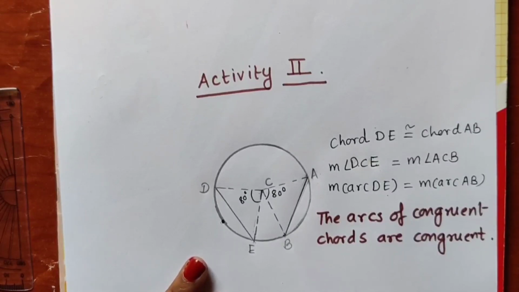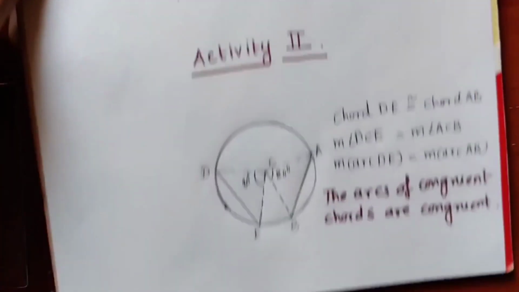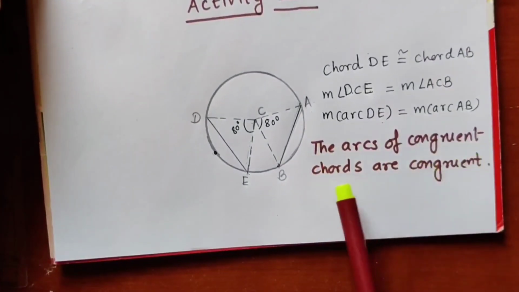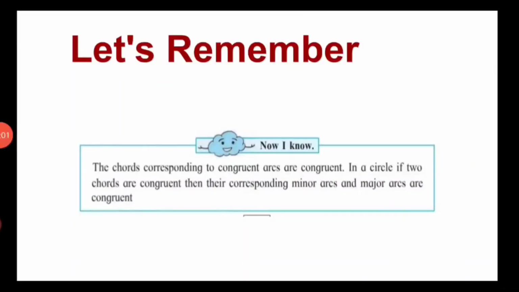In the first activity we have seen the chords of congruent arcs are congruent, and in the second activity we have seen the arcs of congruent chords are congruent. So from these activities what we have learned is that the chords corresponding to congruent arcs are congruent. In a circle, if two chords are congruent, then their corresponding minor arcs and major arcs are also congruent to each other. So these things we have to always remember.